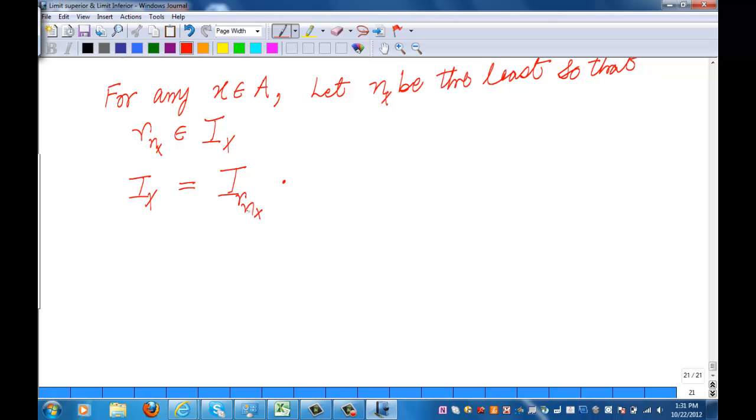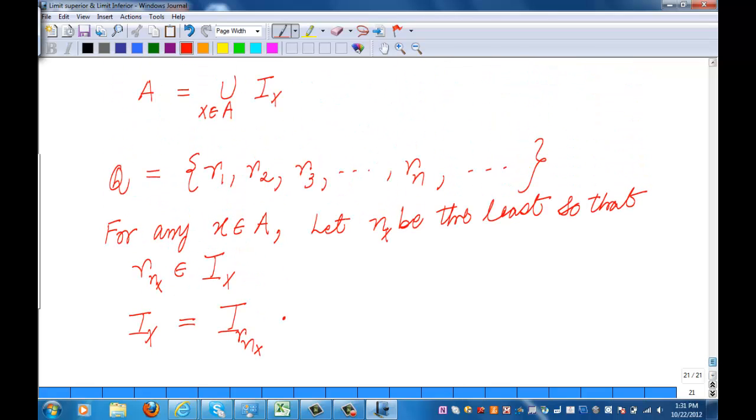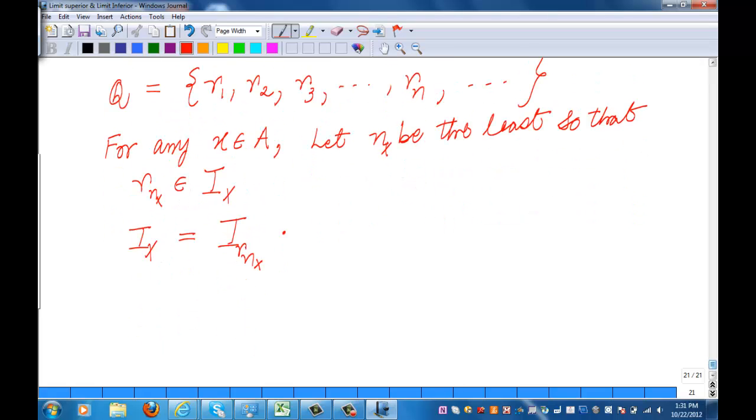If you look at the intervals of the form I_Rnx, that's a countable set, right?